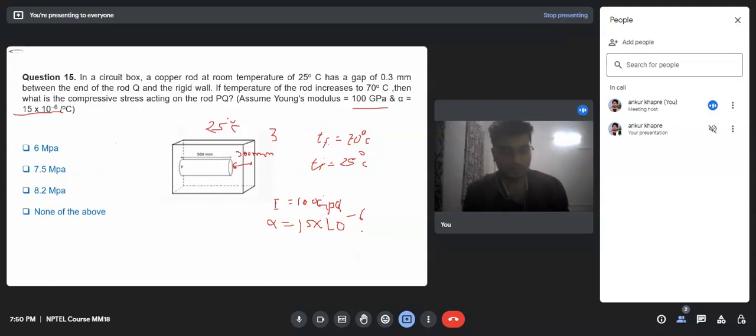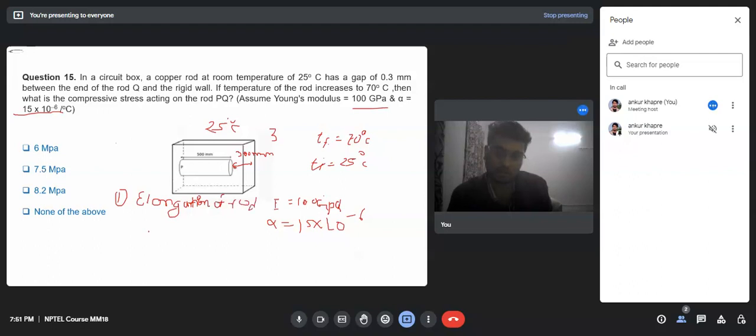So here, first we have to find the elongation of the rod.